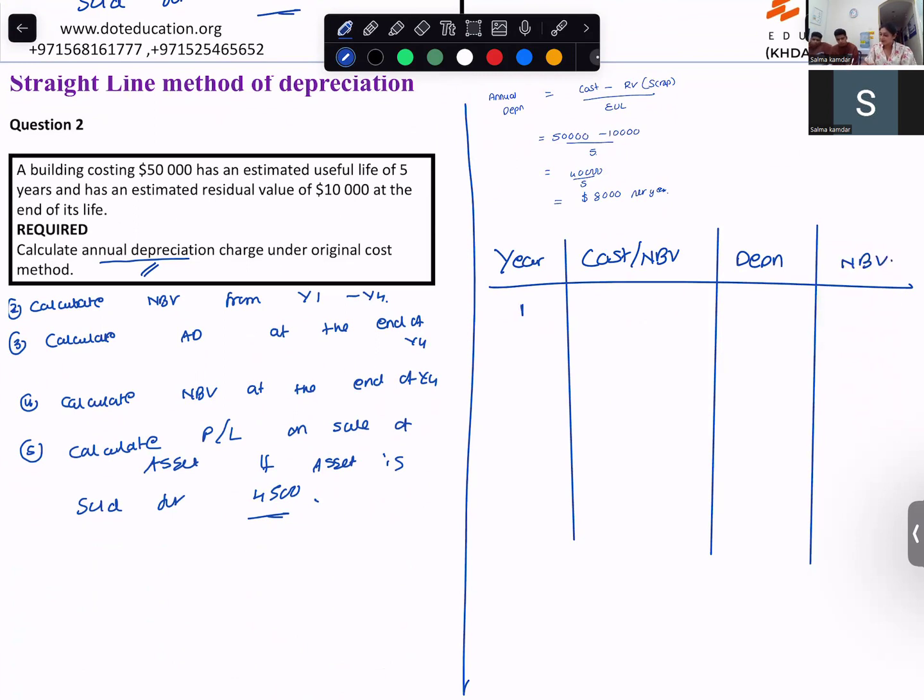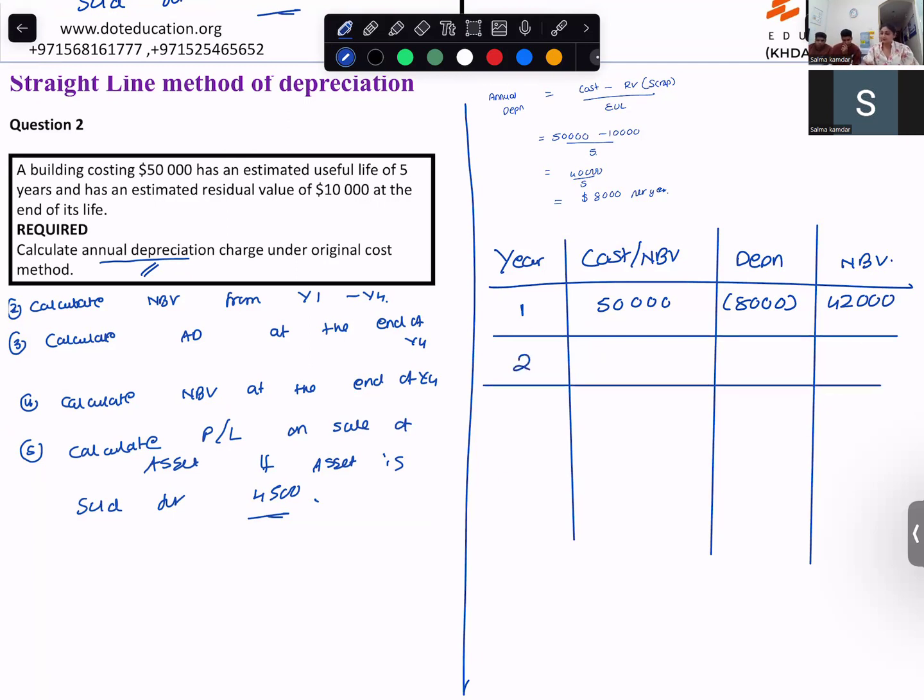Year 1, cost is 50,000. Depreciation per year is 8,000. Cost minus depreciation gives me net book value of 42,000. This is net book value at the end of year 1. Are you with me?